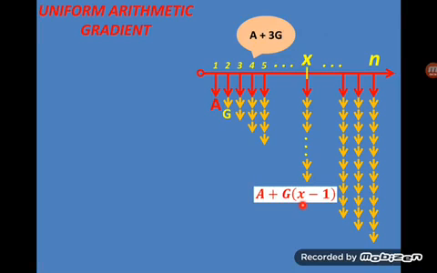But in general, we say that the number of G added to A is equal to x minus 1.